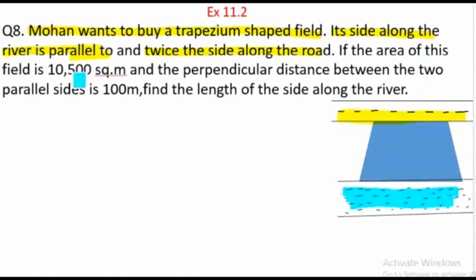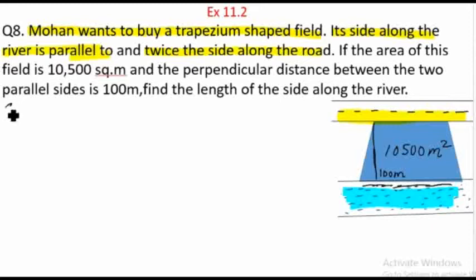The area of this field is 10,500 square meter, and the perpendicular distance between the parallel sides, this one height, is 100 meter. Find the length of the side along the river. This side we are going to find.